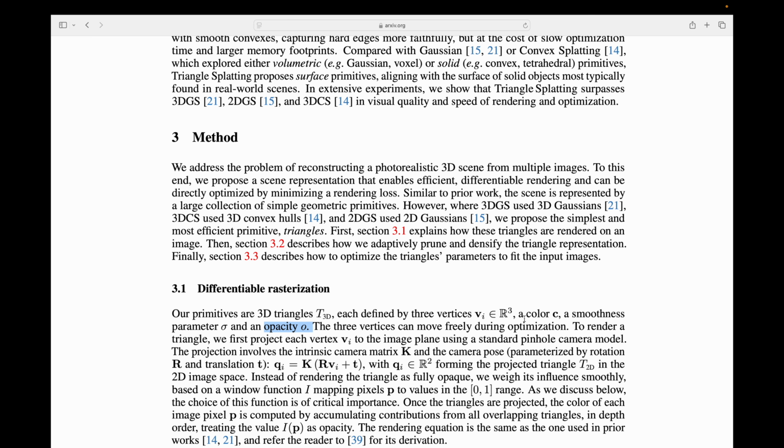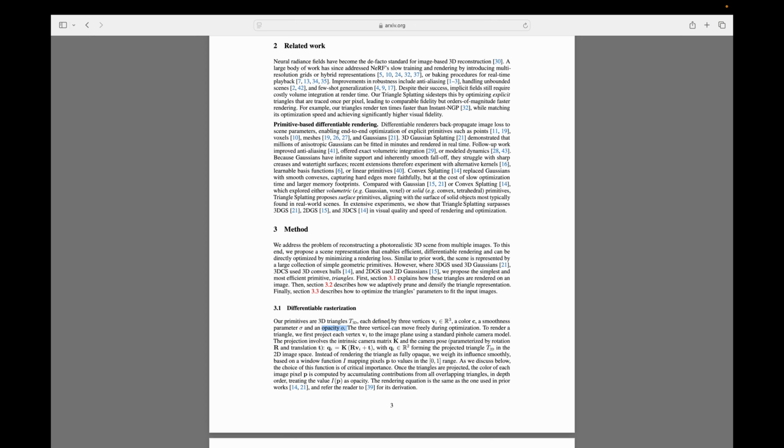And then there is a smoothness parameter, sigma, which we are going to discuss in a moment. But if you do the maths, you still have 59 parameters. That's a very different way to do the representation, but the number of parameters is the same, and therefore the storage per triangle is the same as the storage required per Gaussian. We need 59 parameters.